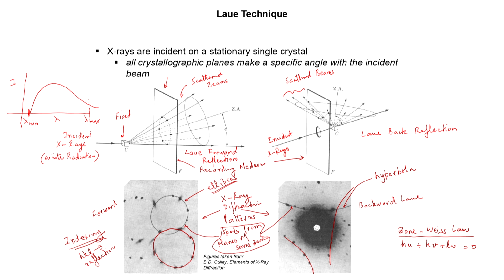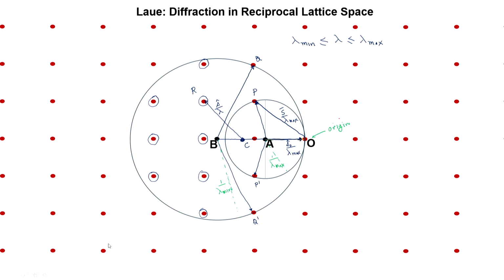Now, here one thing to note: what are these diffraction spots? These diffraction spots are nothing but the reciprocal lattice itself, because after all, when you are indexing, you are just trying to find out what is the HKL index of the spot which corresponds to the reciprocal lattice point with that HKL index.